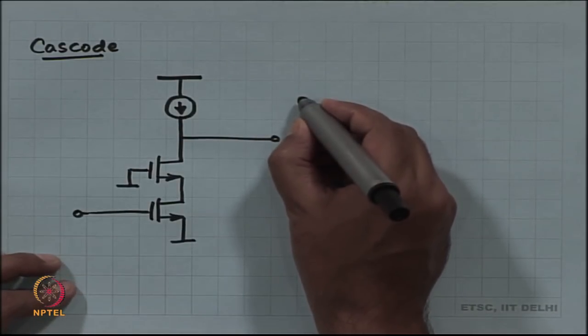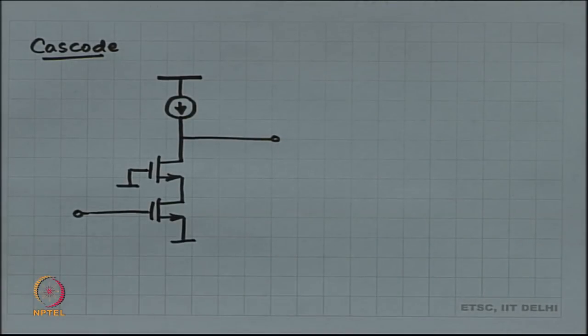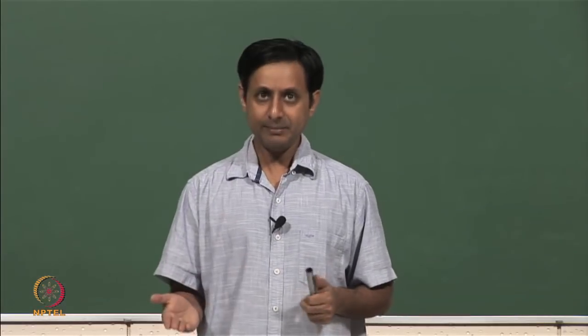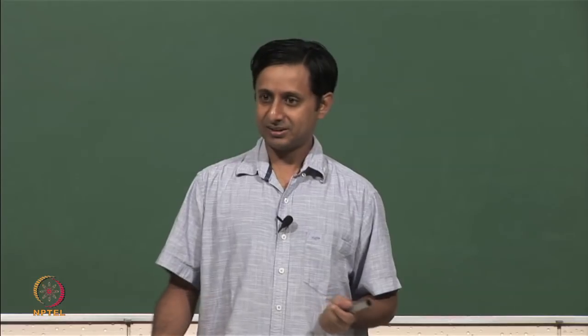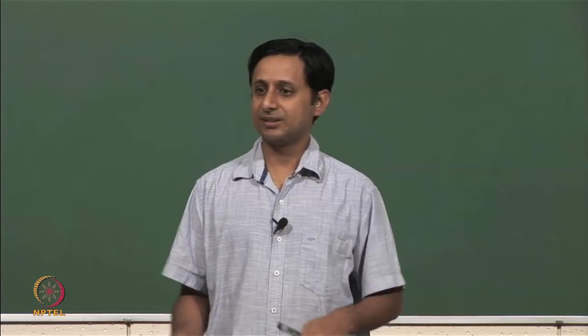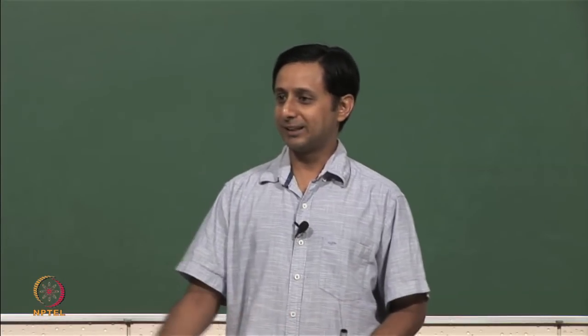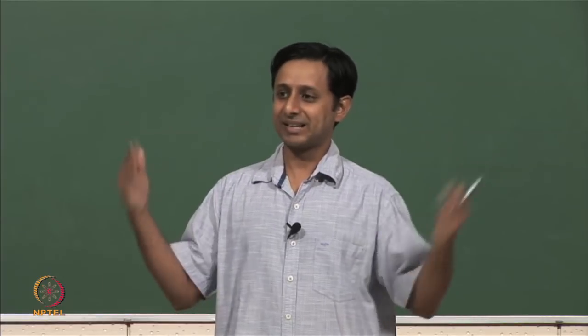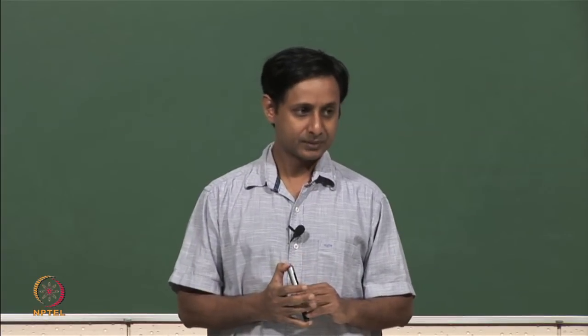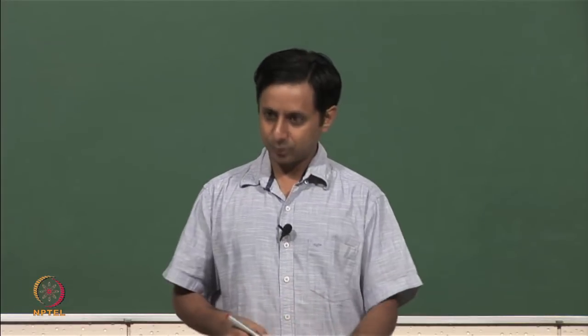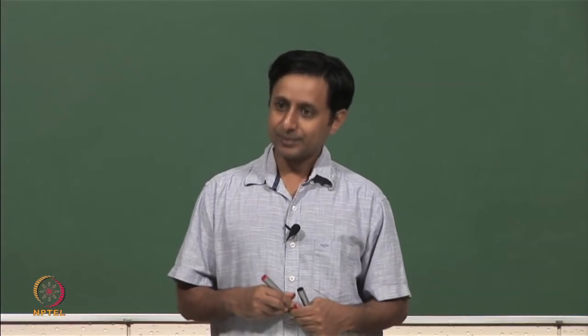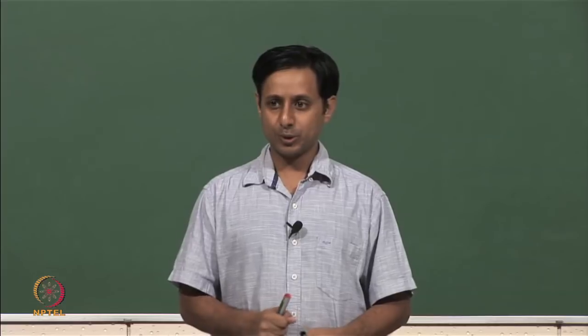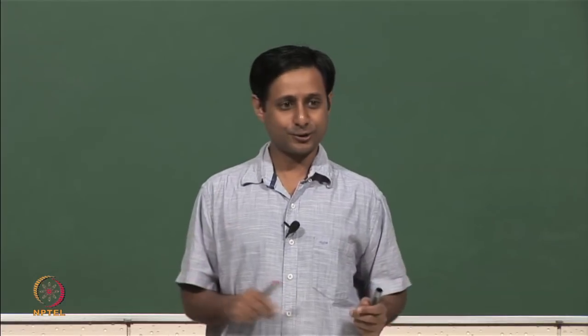The way we analyze this is, first we always analyze DC, then we place the capacitors, we find the poles and zeros, and then we write out the transfer function. That has been the strategy so far. Let us try to do that. Of course, this is going to be a situation where that precise strategy is not going to work.